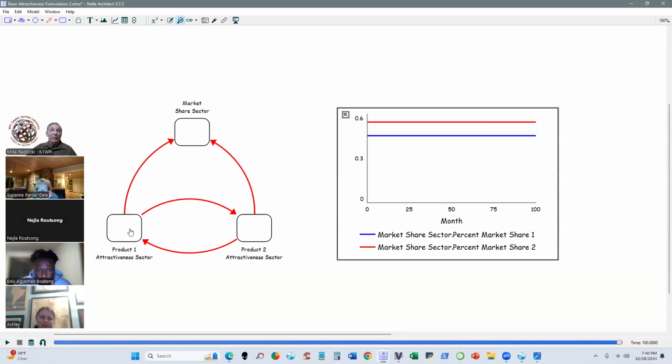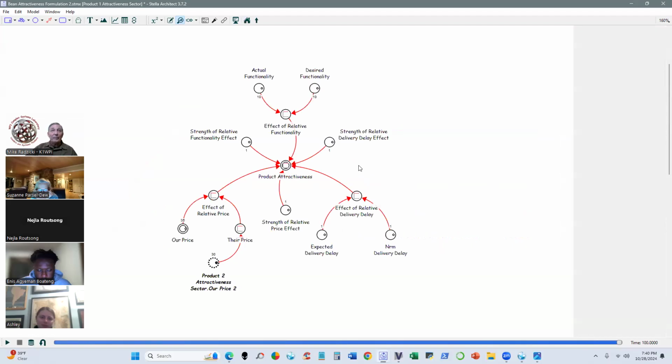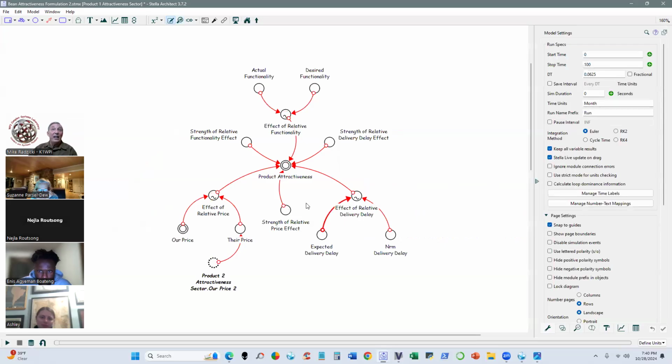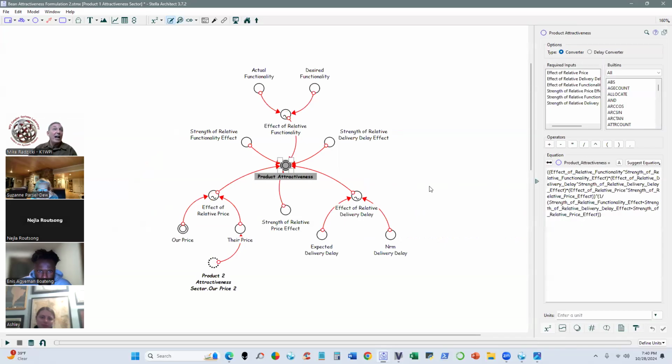Now, going back in here, notice I have the strength of each of the attributes the same. Now, if you wanted to change the strengths, that's a value judgment, right? In this case, there's 3 things that go into something being attractive, right? But I value or weight price more than I do delivery delay.